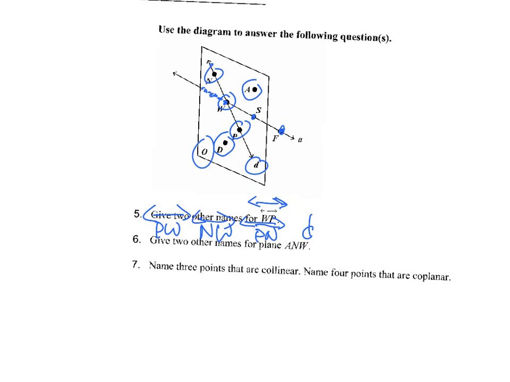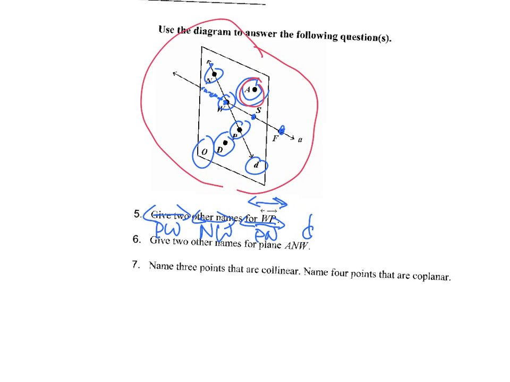Give two other names for plane A and W. Well, since we don't really know where the point A is, it could be above the plane, behind the plane. It's very confusing. Technically, we don't know if plane A and W is this sort of sheet of paper they've drawn here.